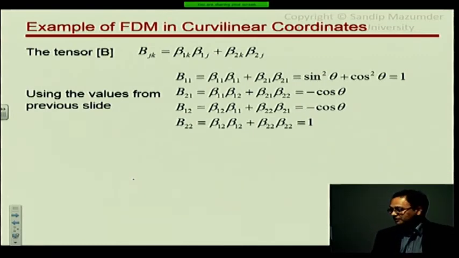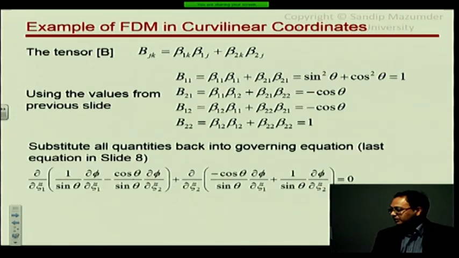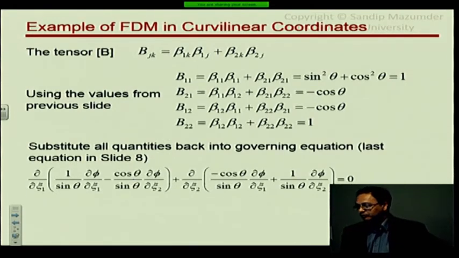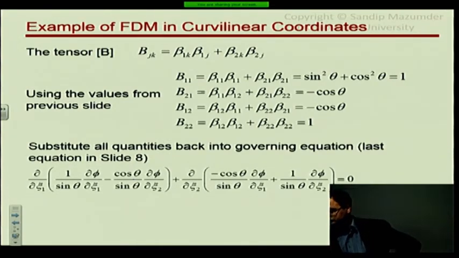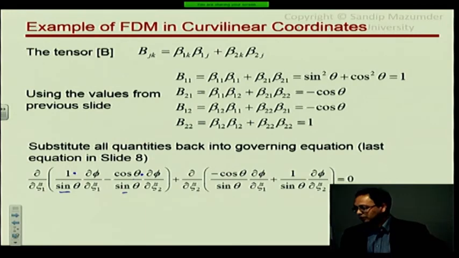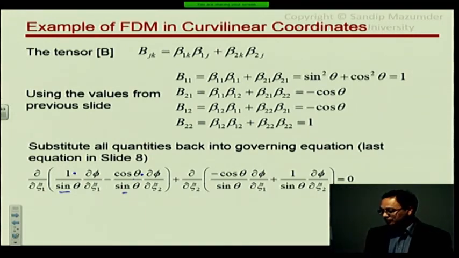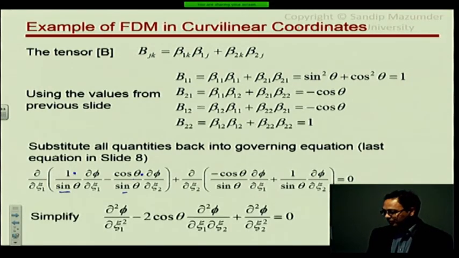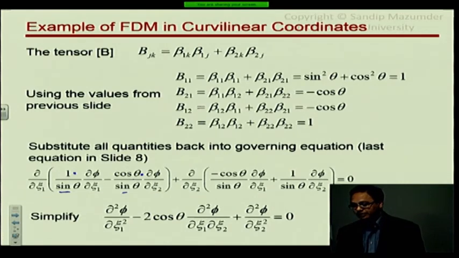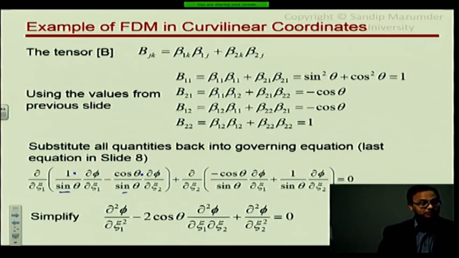So that's my B matrix, or B tensor. I plug it all in. Okay, so this is where your B11 was, and this is your J, this is B21J, and so on. Okay, so all plugged in. All of those quantities are independent of xi1 and xi2, so I can simplify this equation considerably, and this is what my transformed equation becomes.